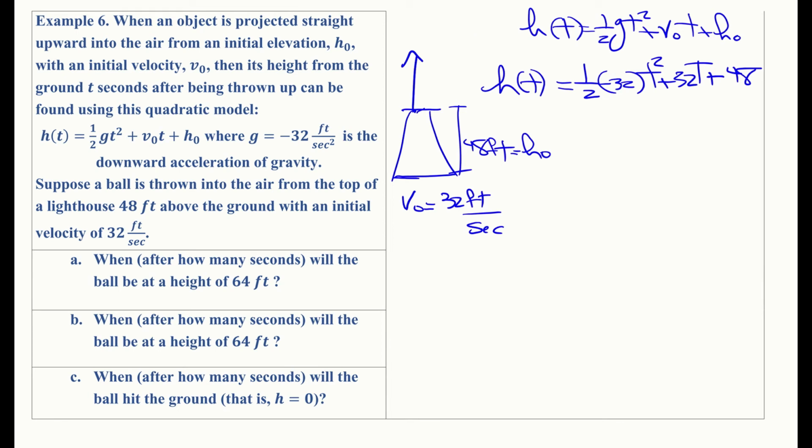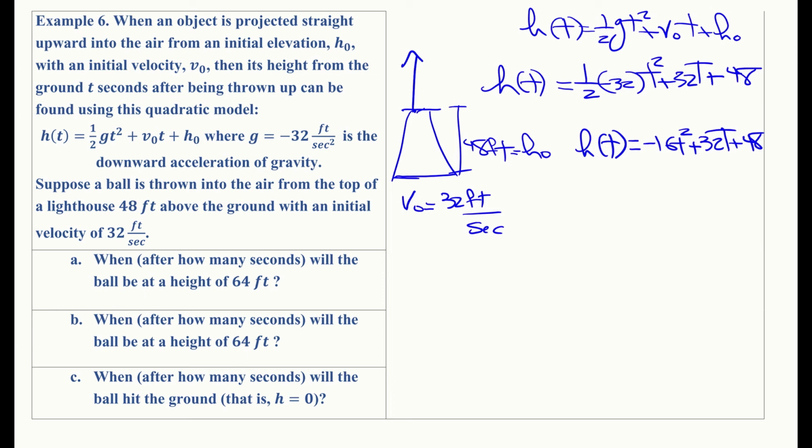All right, so if we simplify that, we get h of t equals -16t squared plus 32t plus 48.